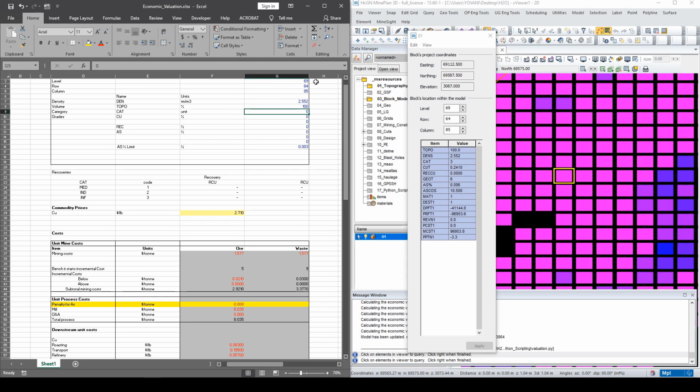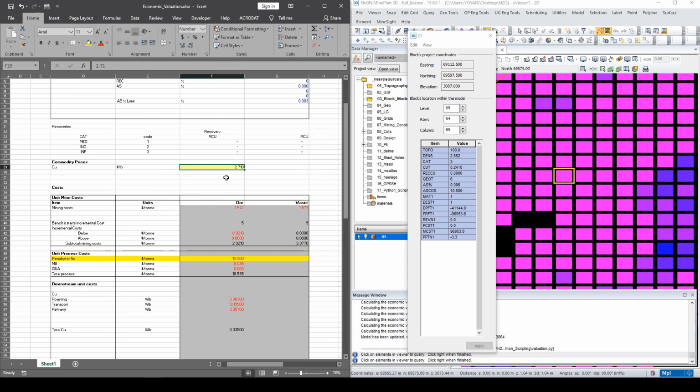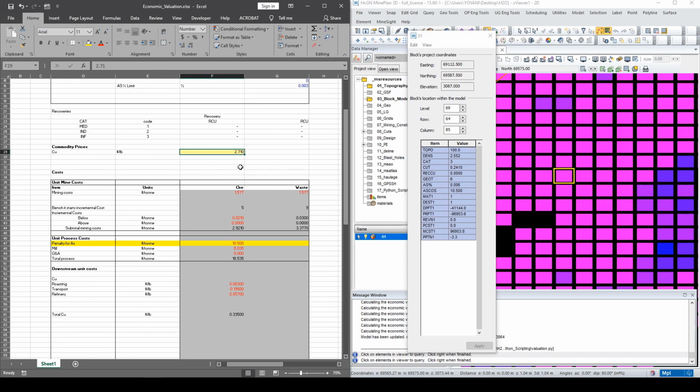category number 3, total copper 0.24, copper recovery 0, and the percentage of arsenic, which is 0.006%. Okay, we are good. Here we have the copper price.